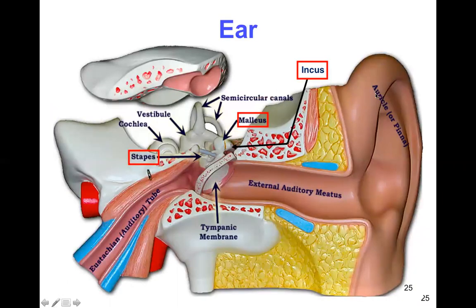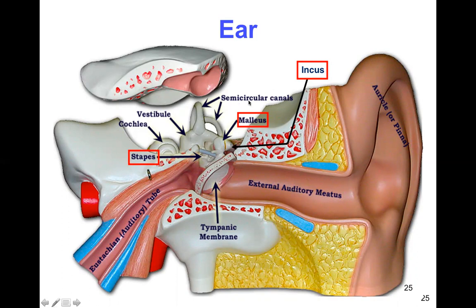Here is the model. Here's the auricle or the pinna, the external auditory meatus or external acoustic meatus, and the tympanic membrane, which is the eardrum. You want to refer to this as the tympanic membrane. Then you have your malleus, your incus, and your stapes.